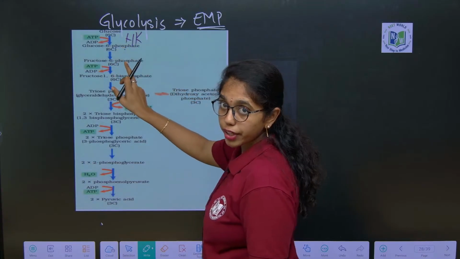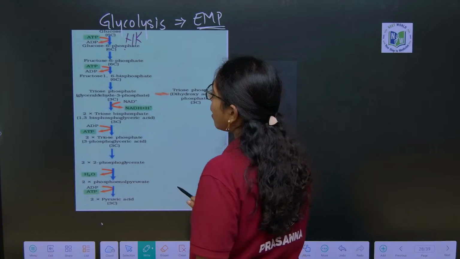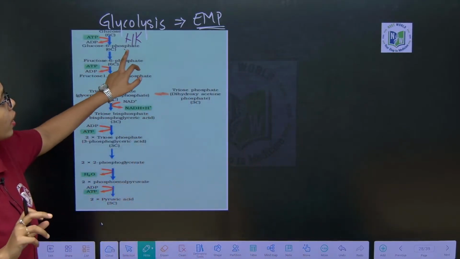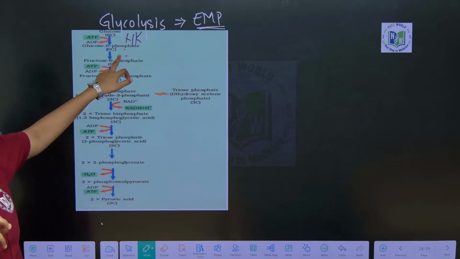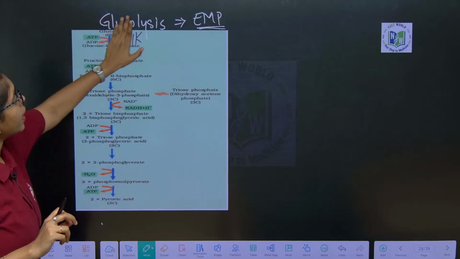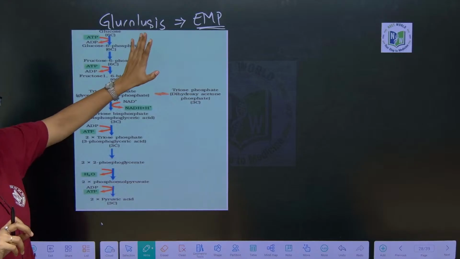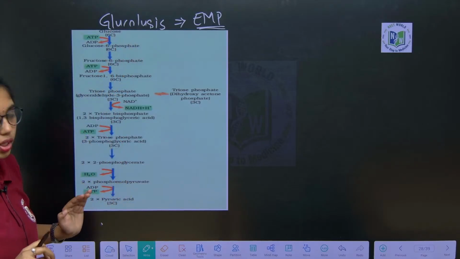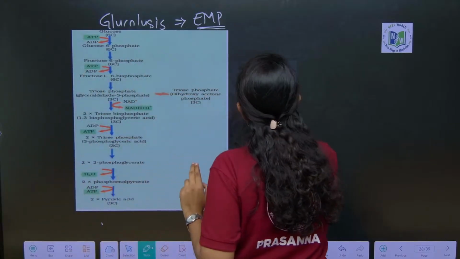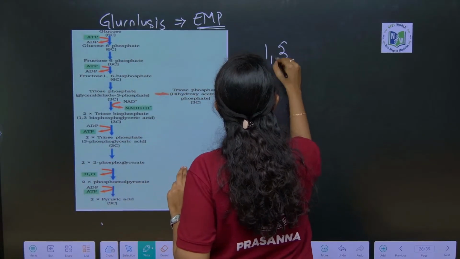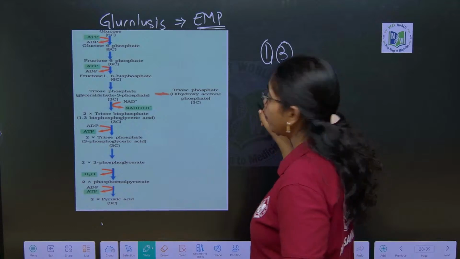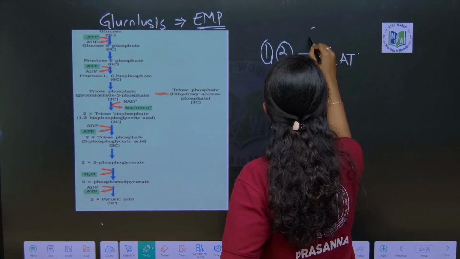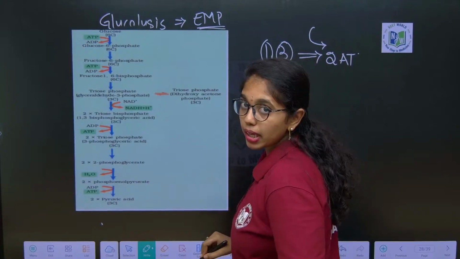Glucose 6-phosphate to fructose 6-phosphate by phosphohexose isomerase. Here, most importantly, you have to remember the enzymes of each step and the energetics involved. If you clearly see, at the first and third step, 2 ATP molecules are utilized.